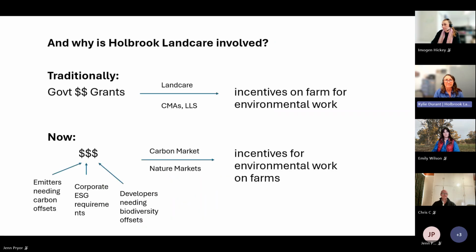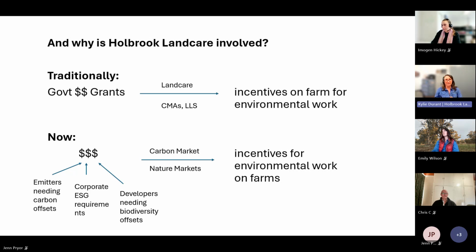Actually, we might go forward, Jen, not back. Sorry. So why is Holbrook Landcare involved in this? Why is Landcare getting involved in this carbon stuff? Traditionally, the government have created programs and targets around biodiversity or sustainable agriculture, and they have programs that involve government grants.